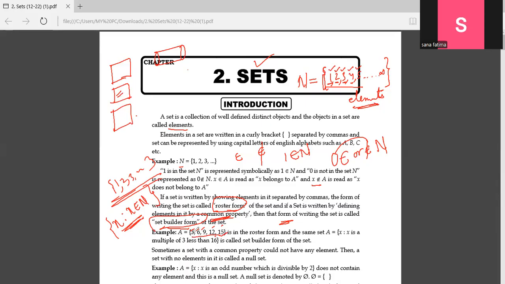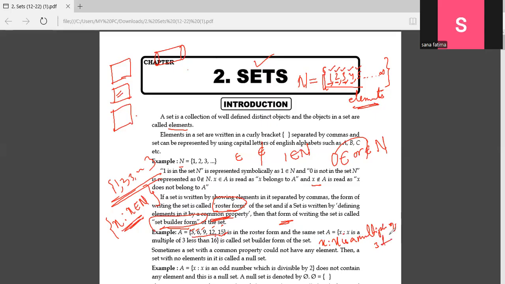You can write it like that. It is written here, you should write like that. You can change the words also. So you will write as x, colon, x is a multiple of 3, less than or equal to 15.